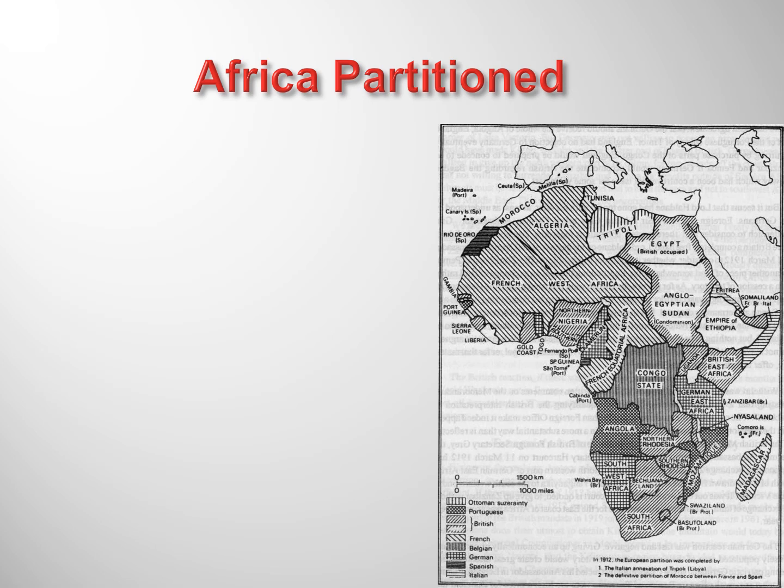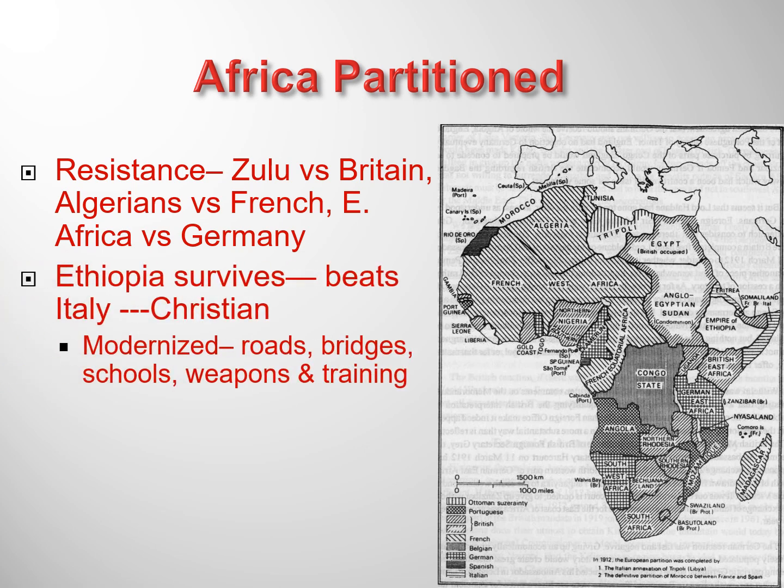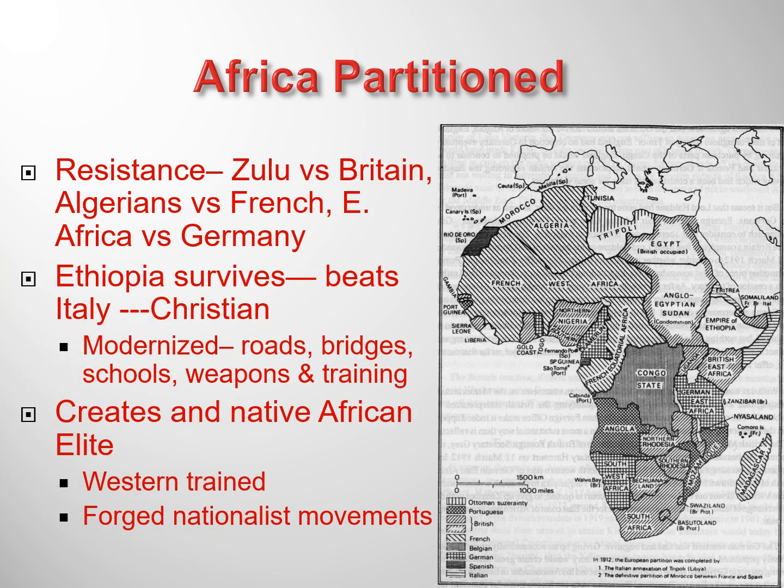Europeans rush in and within 10 years, gobble up what you see in this map, Africa. And that's why we call it the final phase or the final movement of imperialism, okay?